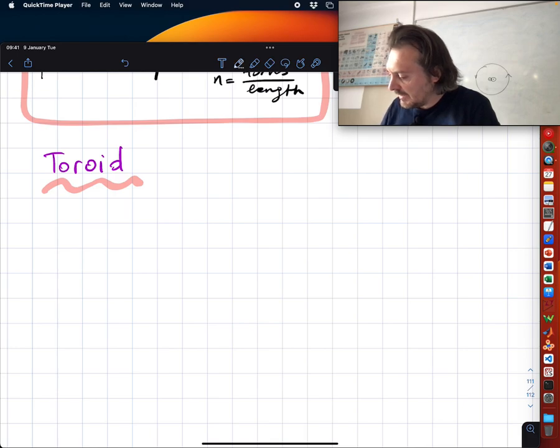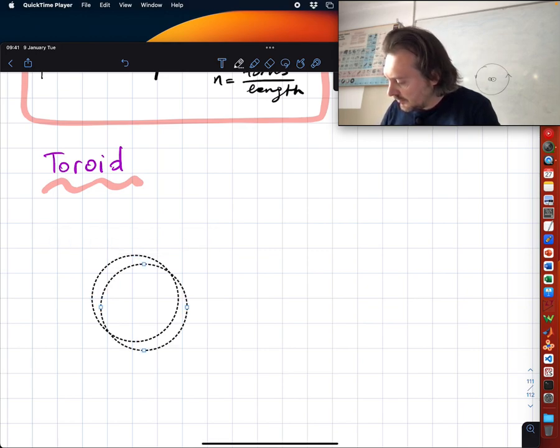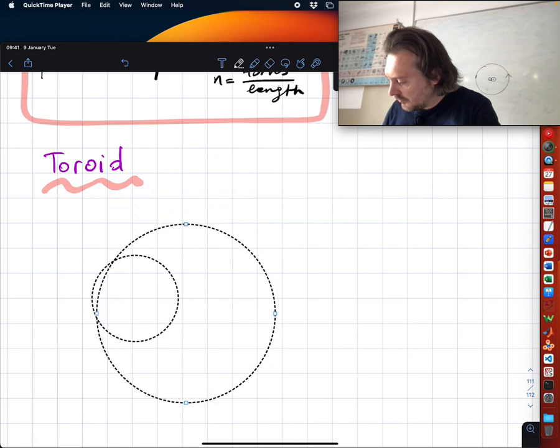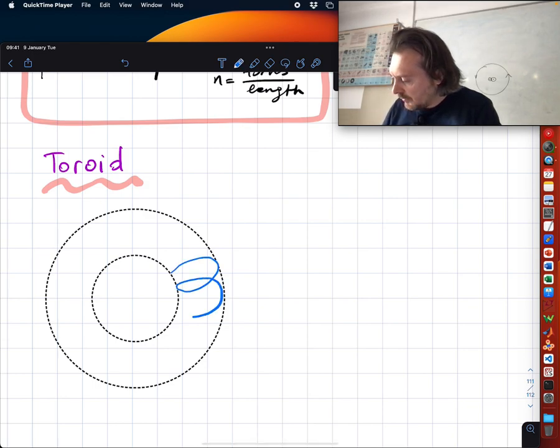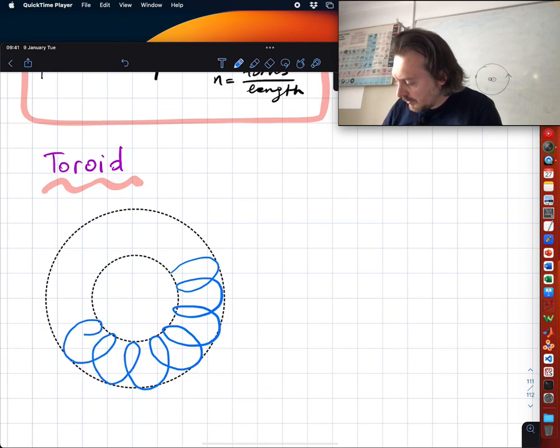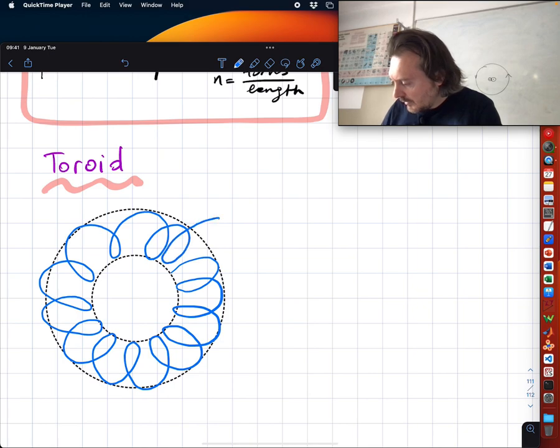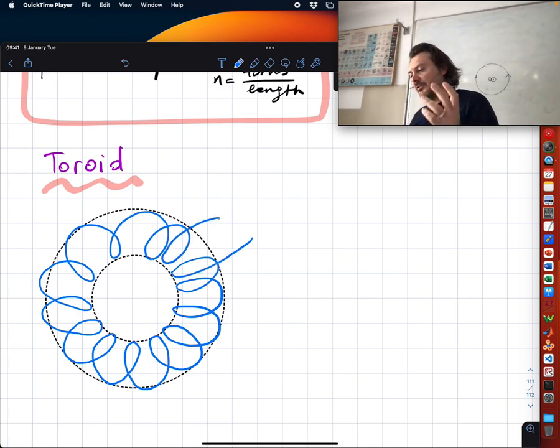Let me first draw the inner radius A and outer radius B. And then I will put a toroid in between. I'm drawing it like this, but imagine that it's very, very tightly wrapped.